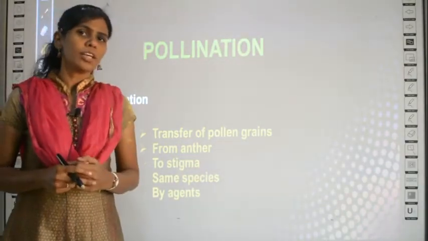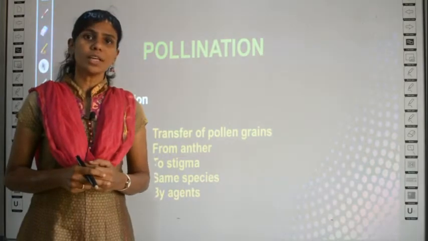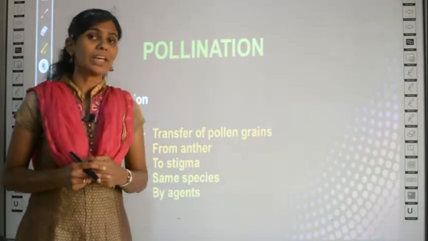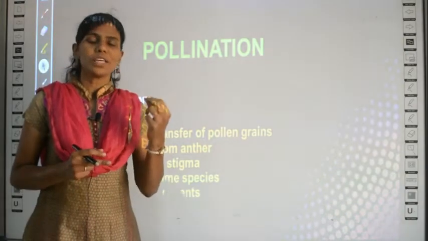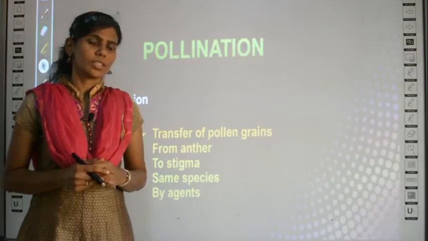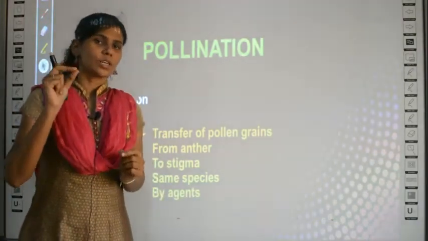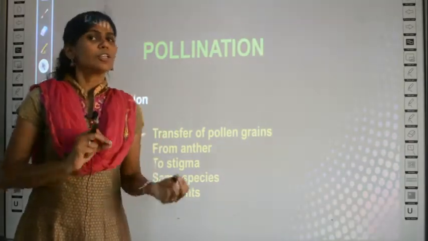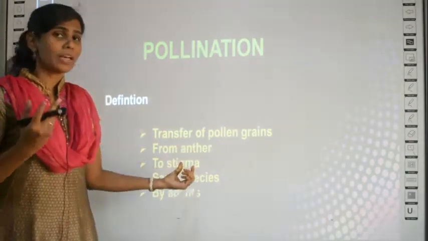So what is pollination? It is the transfer of pollen grains. What is pollen grains? In a hibiscus flower, many have sent me the activity for last week. You have seen pollen grains in hibiscus like round small ball like structures, right? So that transfer of those yellow color structures from one plant to another plant. To where is it transferred?